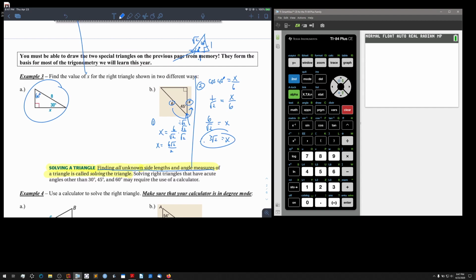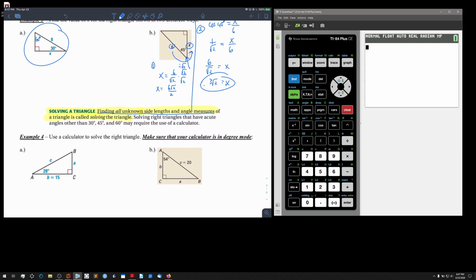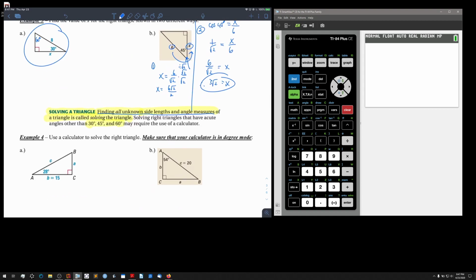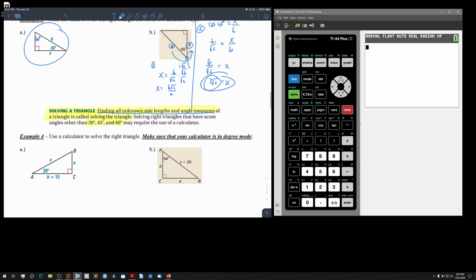Done. That's very quick, okay? This is similar, but here we're going to go beyond our known 30, 45, 60 degree triangle and go to a triangle that has a weird angle size that doesn't give us nice exact answers like we had here. They're still irrational, let's be honest, but I know exactly it's 3 root 2, okay?